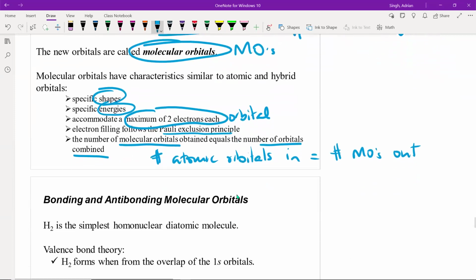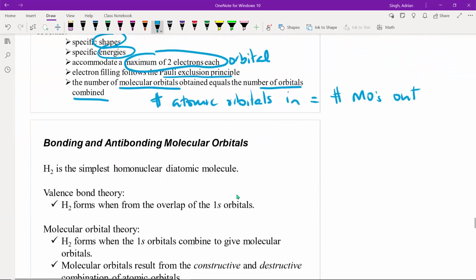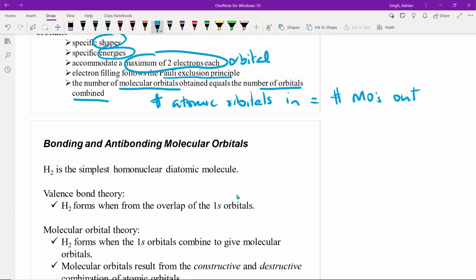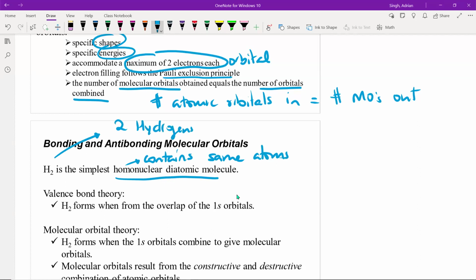So let's take a look at the simplest example of where this can happen, and that is in H2, the hydrogen molecule, which is the simplest, the smallest homonuclear diatomic molecule. Homonuclear here just means that it contains the same atoms, right? Which in this case will be two H's, two hydrogens, that we are going to combine.